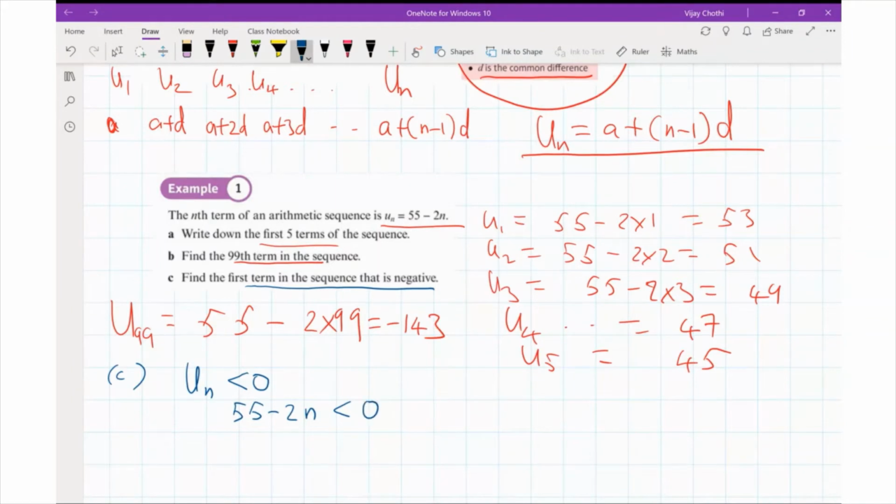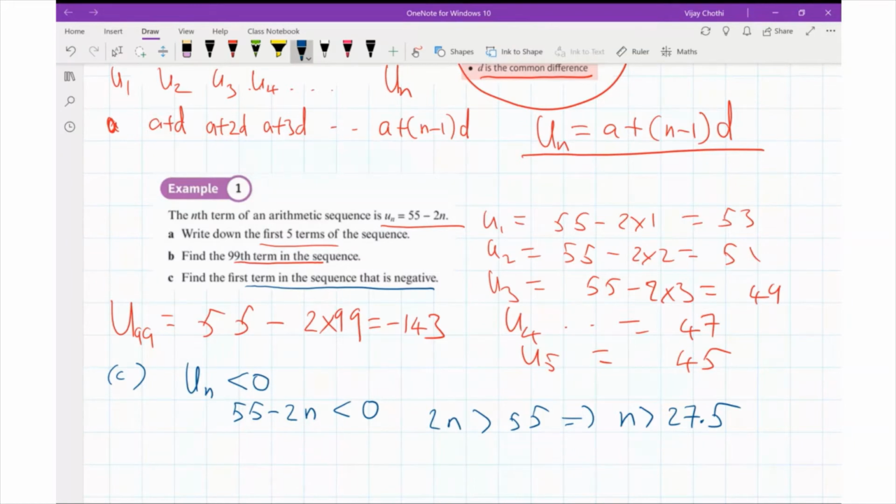So you get 2n greater than 55, which tells you that n is greater than 55 divided by 2. But remember, n has to be a positive whole number, the position in the sequence. So the first term for when the sequence is negative is the 28th term.